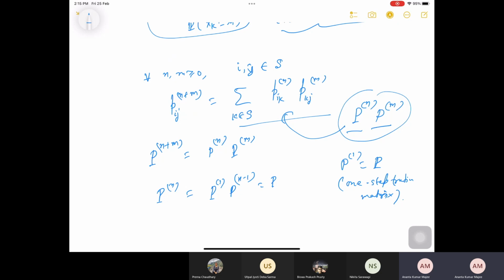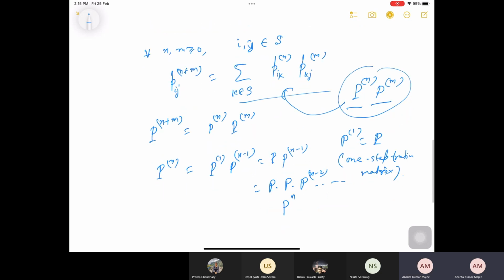And then you have P(n-2). Again I can write P(n-1) as P and then P(n-2), and so on. If you do this, this is P and then P(n-2), and so on, then this is nothing but P(n).